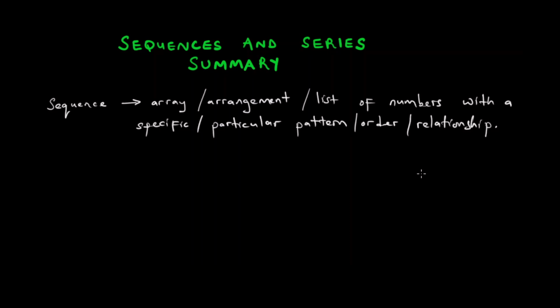This is an array, this is an arrangement. It's a list of numbers with a specific particular pattern, order, or relationship.